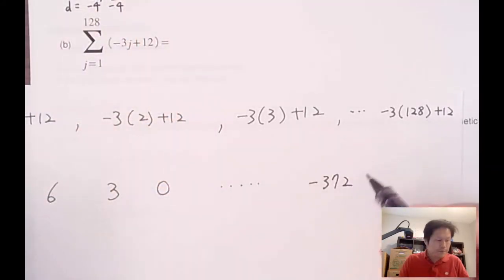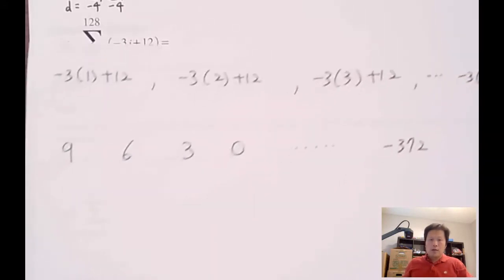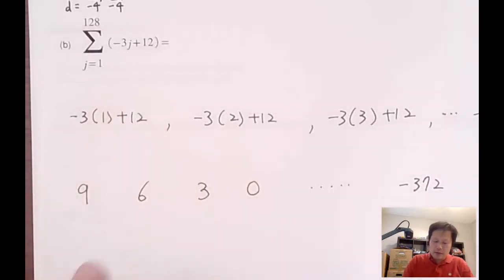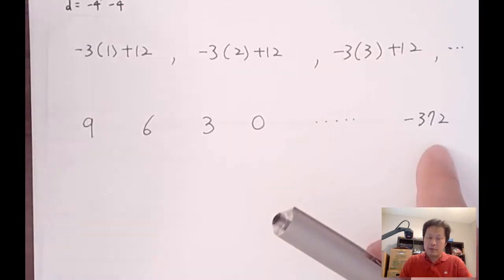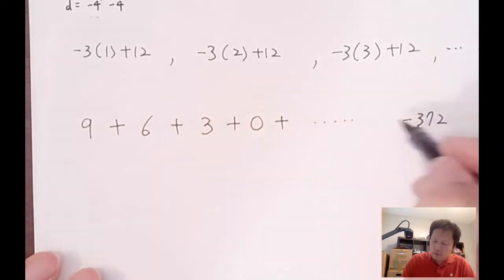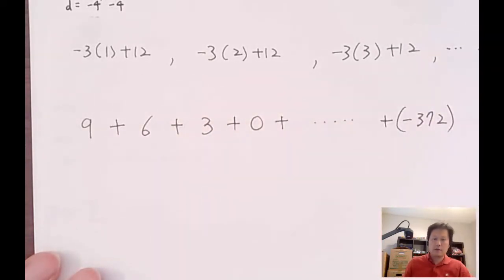Okay, sigma means plug in j value 1, 2, 3 all the way up to the last number, then add them all. That's what sigma means. So you're going to add them all. That is how you deal with the sigma.